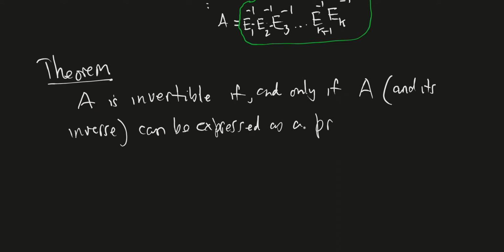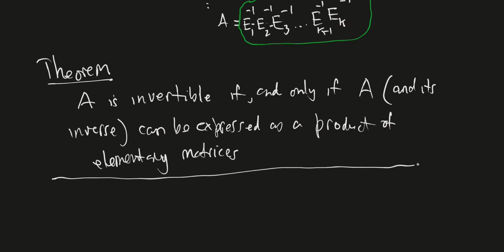For instance, what if we were to do our elementary row operations in a slightly different order? Then we would end up with a slightly different sequence of elementary matrices. So that's why we use the word a and not the, because it's not a unique product. So it can be expressed as a product of elementary matrices.